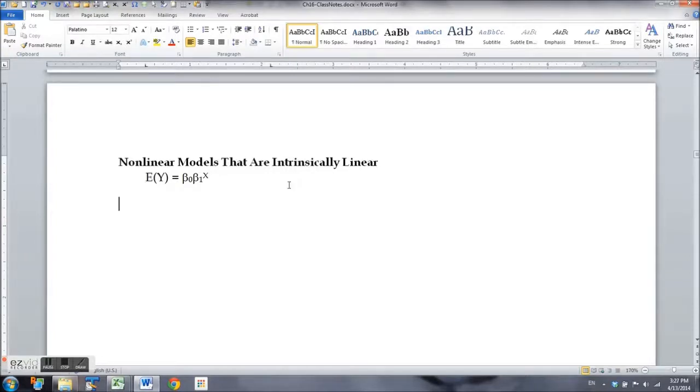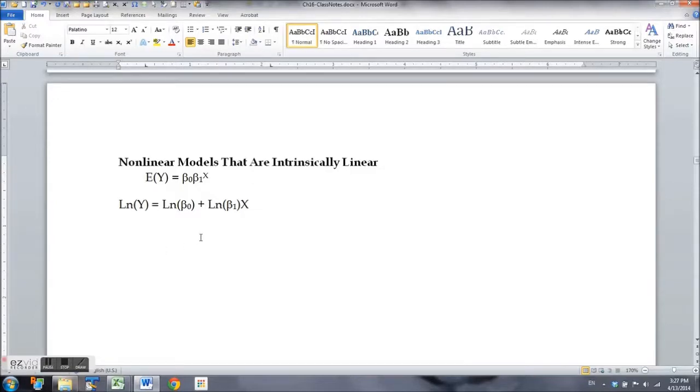a linear model. So if you take logarithm on both sides, then you get ln of y equals ln of beta sub 0 plus ln of beta sub 1 times x.